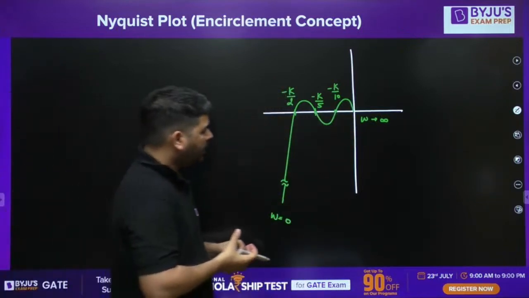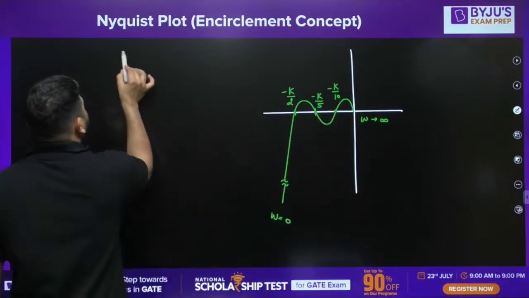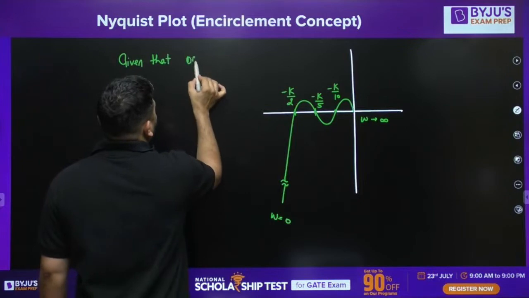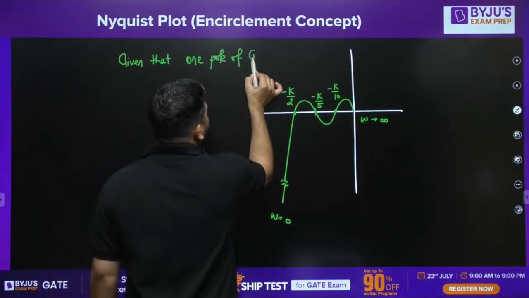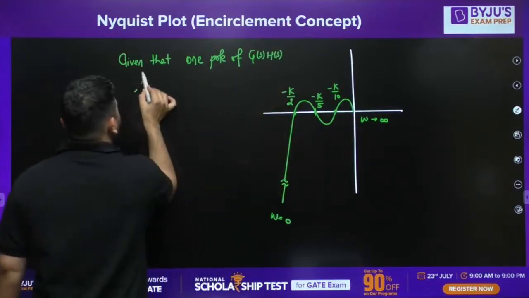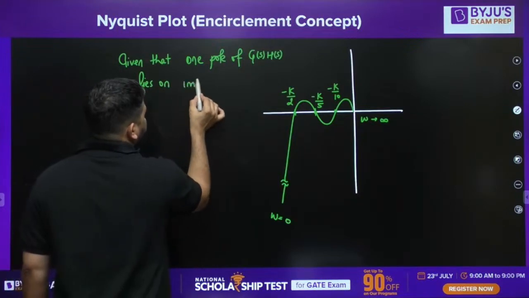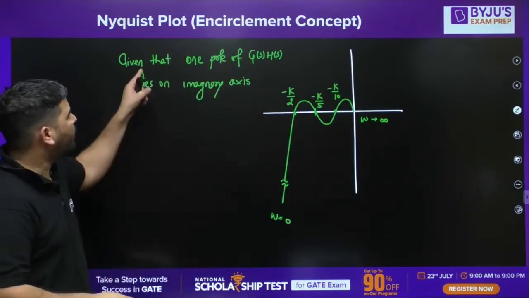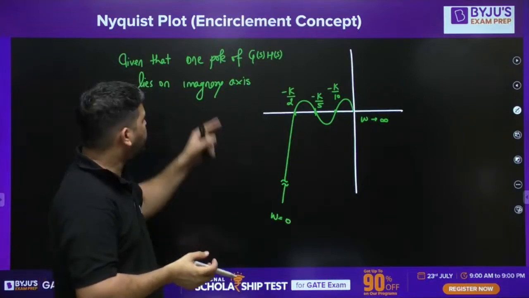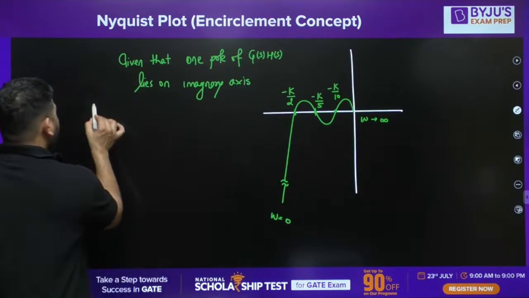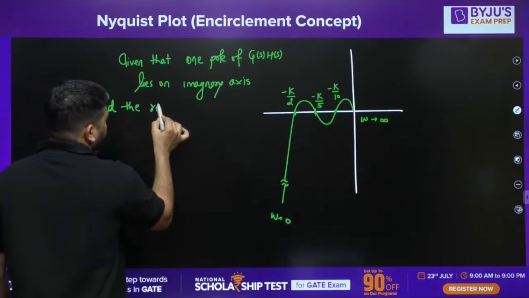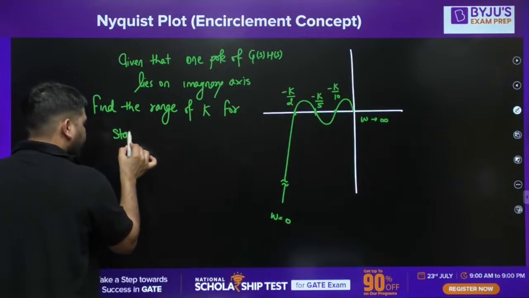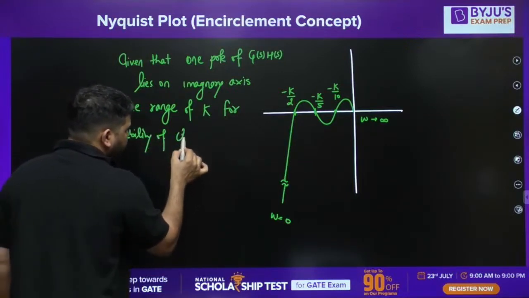Only the polar plot is provided to us. Given that one pole of GSHS lies on the imaginary axis, find the range of K for stability of the closed loop system.